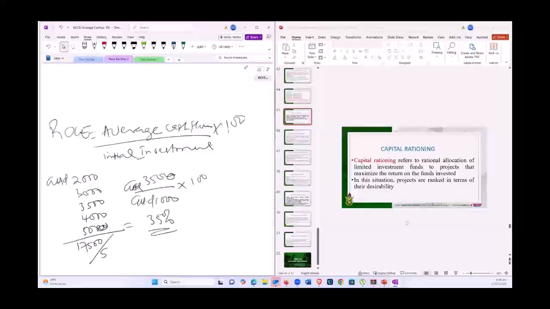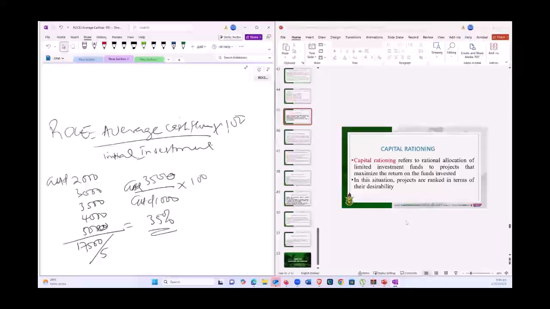So what is capital rationing? It refers to the rational allocation of limited investment funds to projects that maximize the return on the funds invested. Now the question is, why would a firm face limited capital?